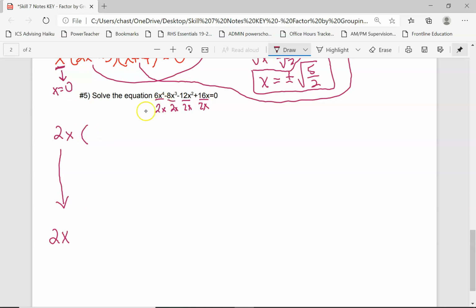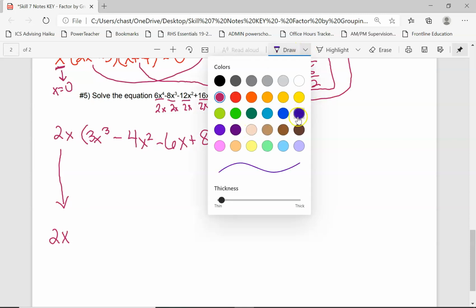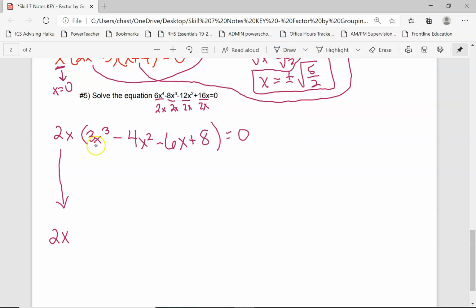The leftover stuff, we get 3x cubed minus 4x squared minus 6x plus 8. Okay, and now just like before, I only want to worry about what's in the parentheses, so I'm going to group the first two and the last two together.